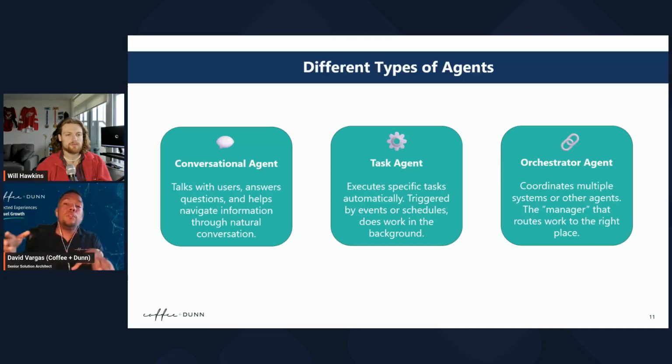It coordinates multiple systems or other agents, because you can have agents within agents, especially within Copilot Studio. You can have different agents that specialize in certain tasks, so that way, in terms of scaling, your bot is a little safer. So think of like complex workflows, multi-step processes, things of that sort.